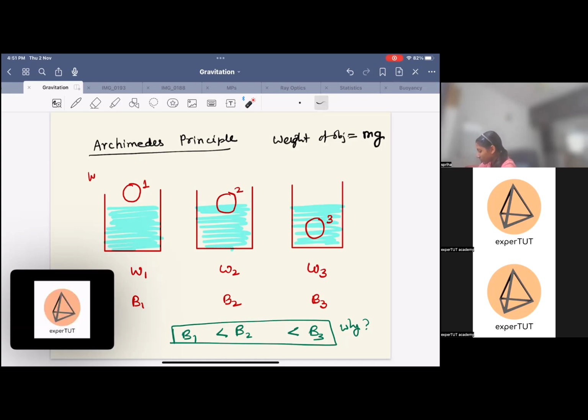Okay. The reason for B3 more than B2 more than B1 is that the more the liquid is displaced, the more is the buoyant force. Write that. More the liquid is displaced, more is the buoyant force.